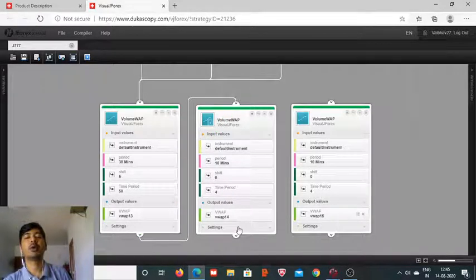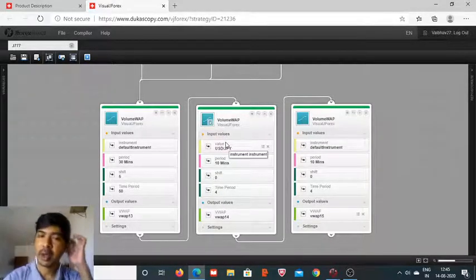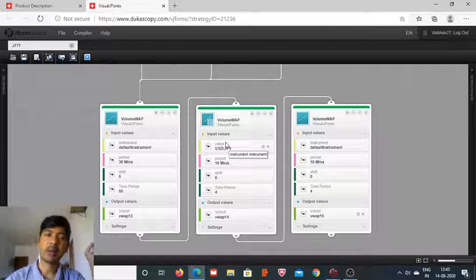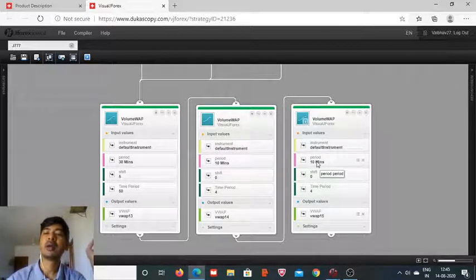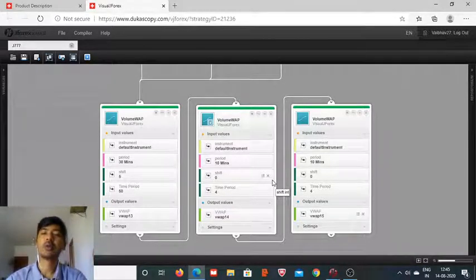And of course, whenever you want to do the comparison between various output values, make sure that input values are of similar class. The time period should be ideally the same, and shift can be different. Shift is like going back and forth in time, so you can keep the shift value different, but there's a time period also.